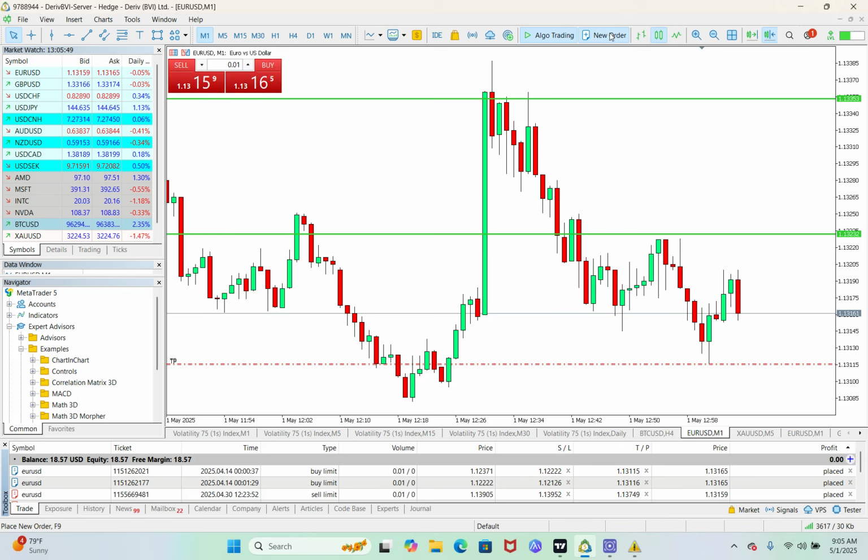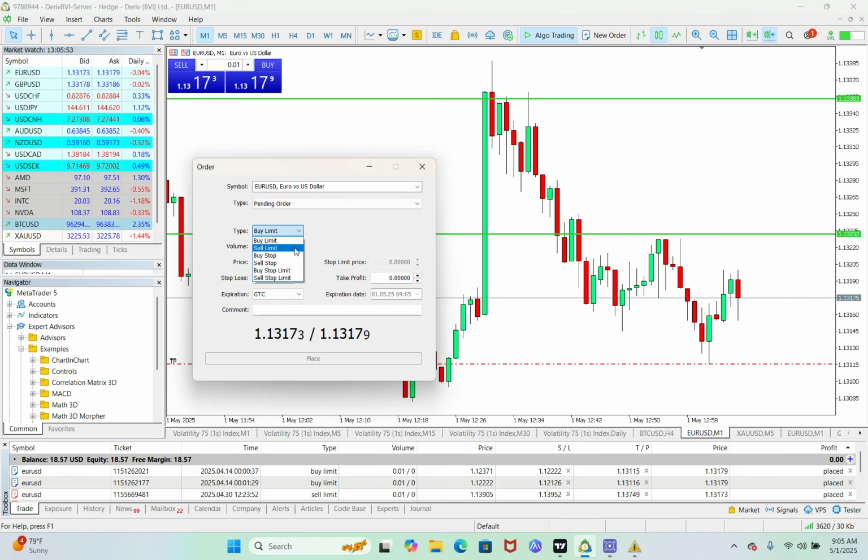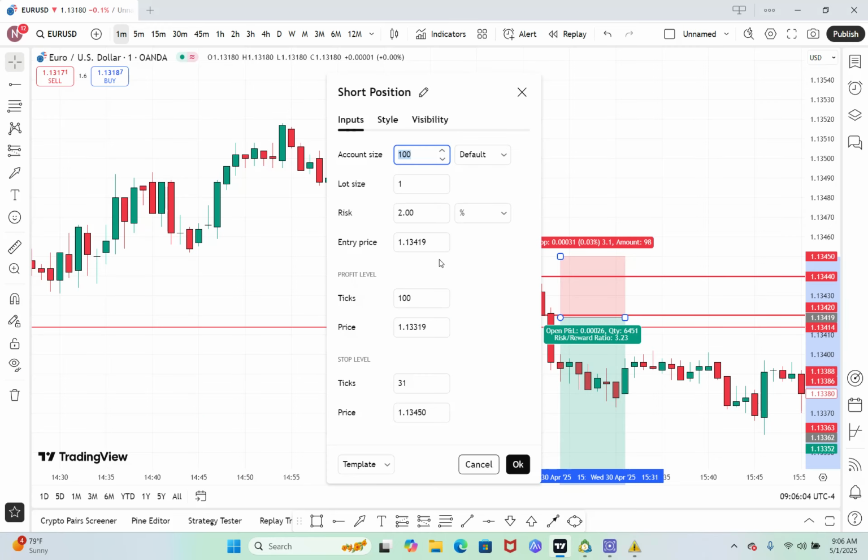So we're gonna new order, pending order, sell limit, volume, which is our lot size 0.01. Right, back to trading view.